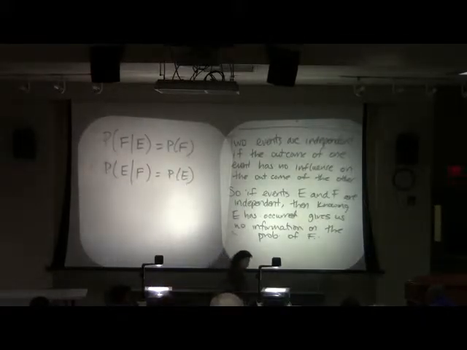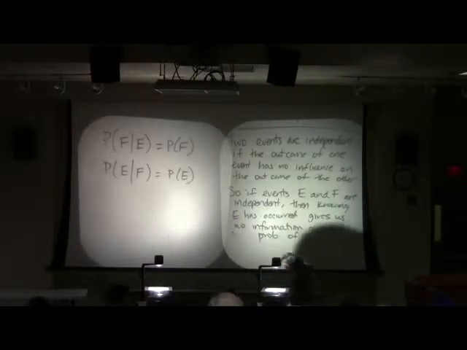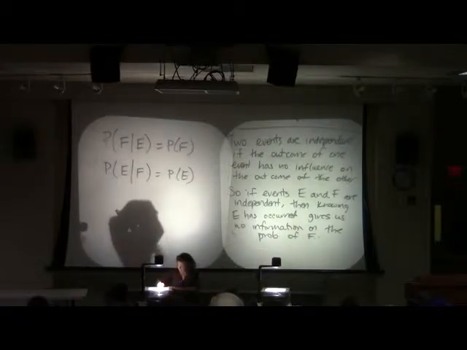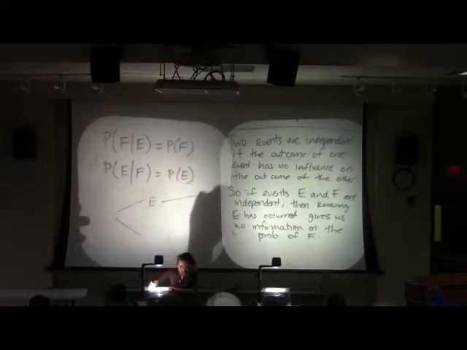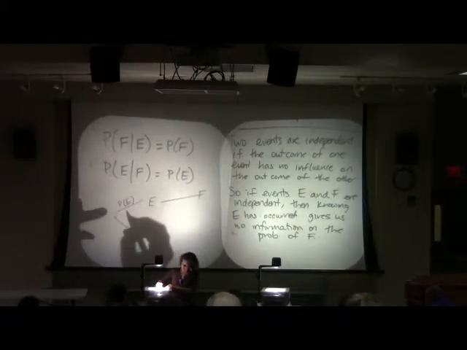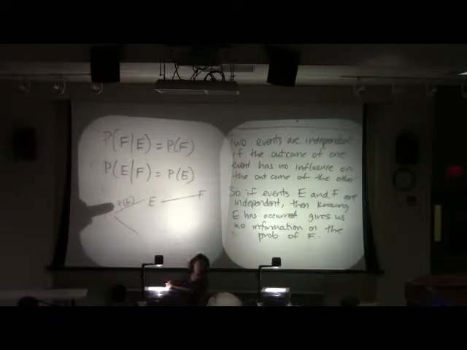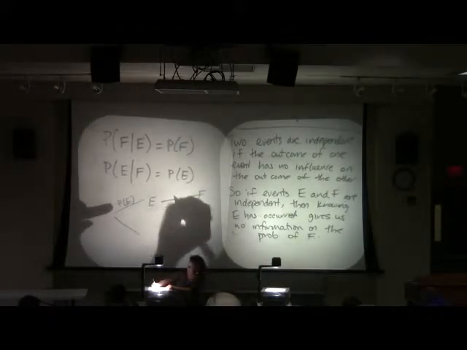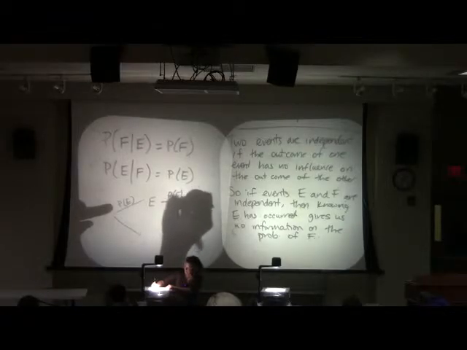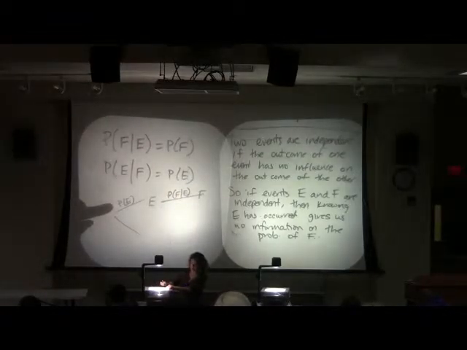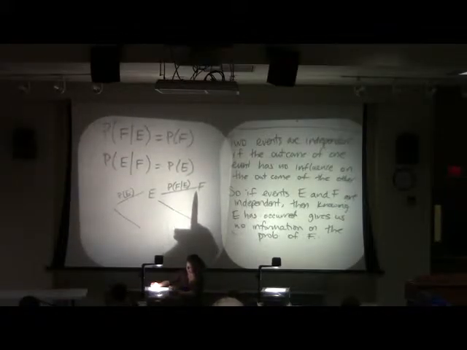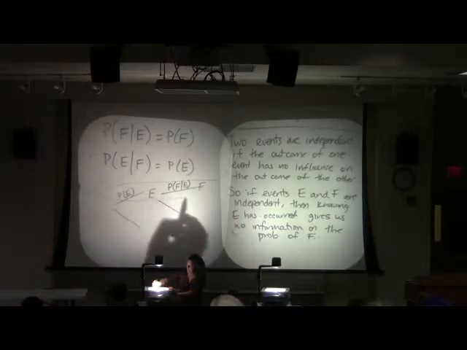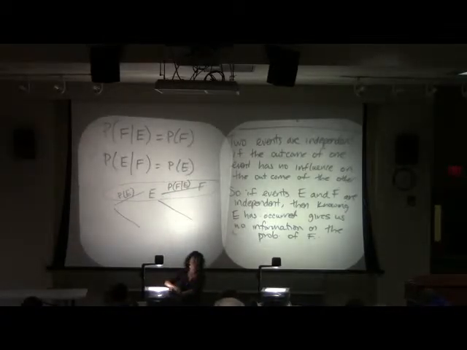All right then. If we went back and drew a tree, you don't have to write this down, wasn't this the probability of E? Isn't that what that branch was? And wasn't this branch that was given to us the probability of F given that E happened? It was given to us as a conditional probability. What did I do to those two probabilities to find the probability of the branch?